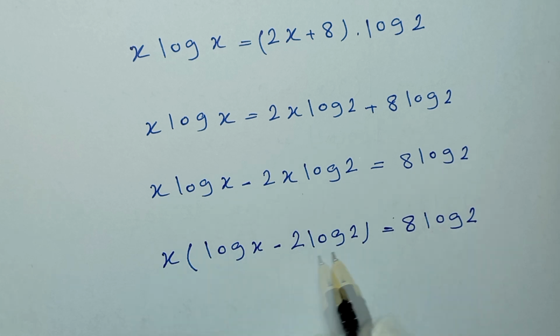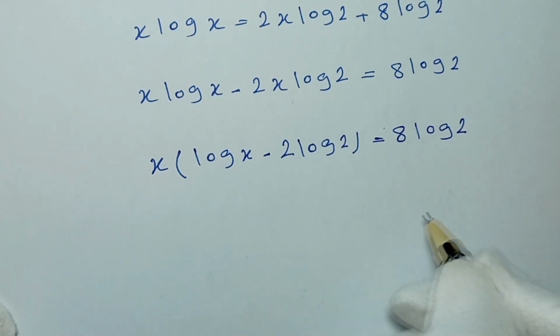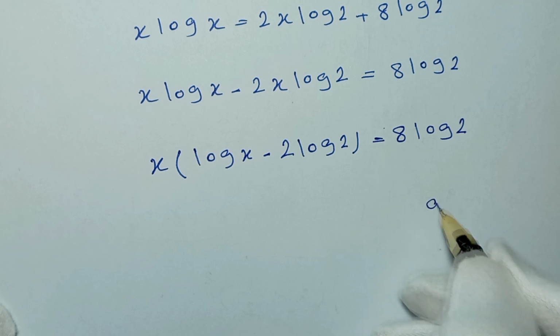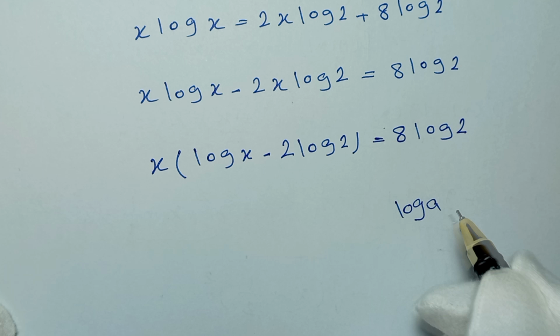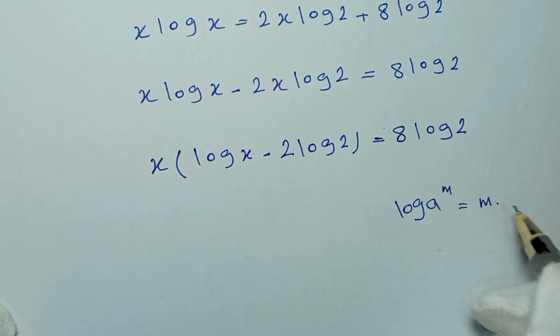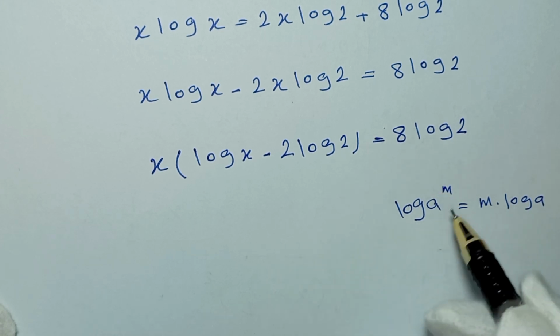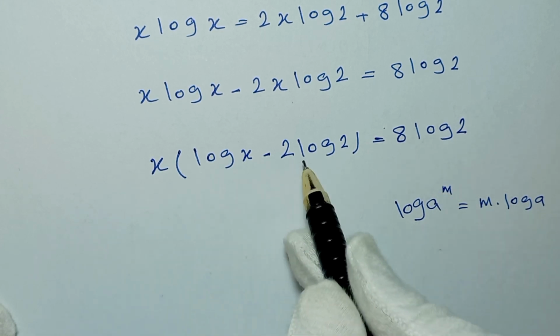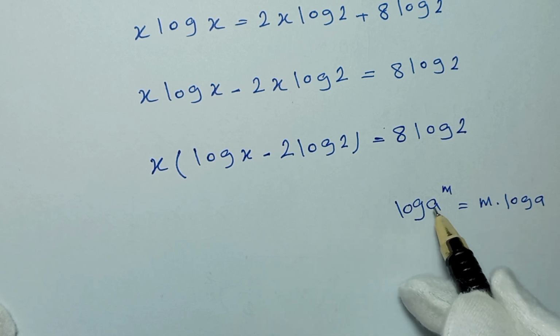And here, if we have log of a to the power of m is equal to m times log of a, then 2 times log of 2, m times log of a, we can write as log of a to the power of m.